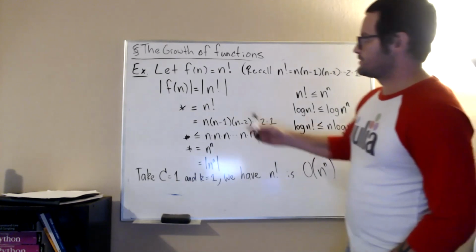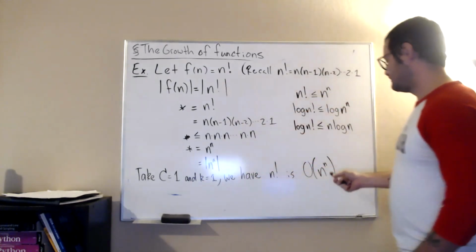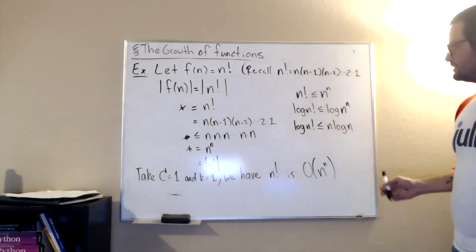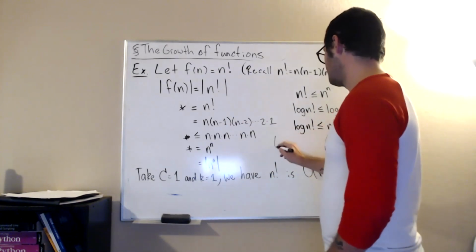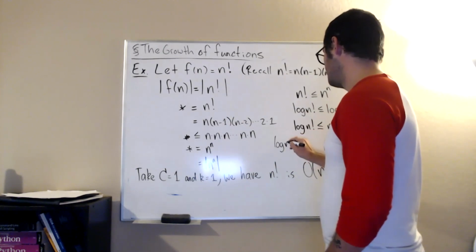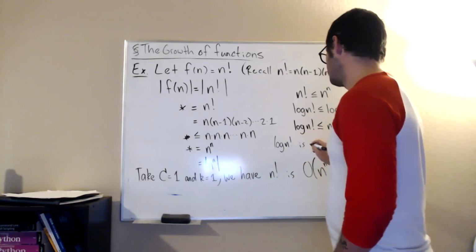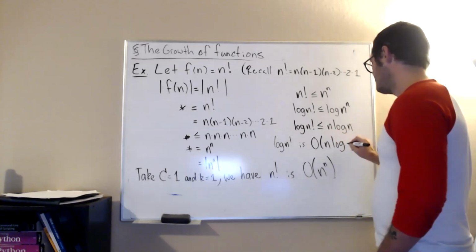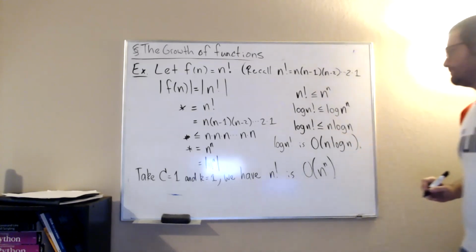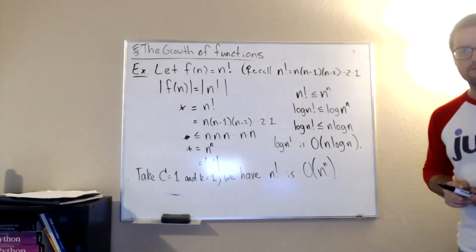So not only have we shown that n factorial is big O of n to the power n, we've also shown that log of n factorial is big O of n log n. Okay.